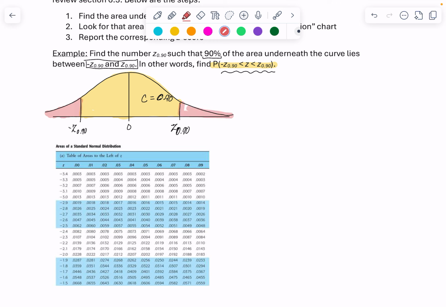To do that, we'll have to find the complement of it, because those tails include everything else that's not within our boundaries.